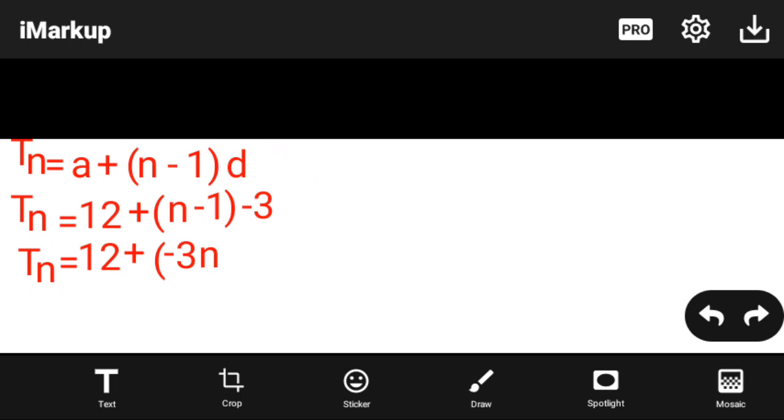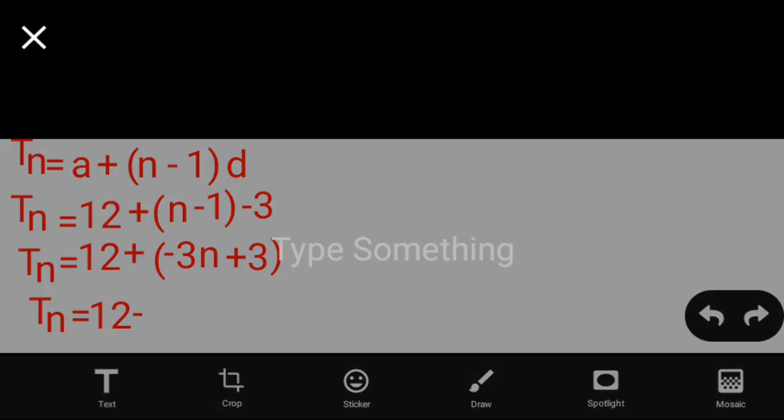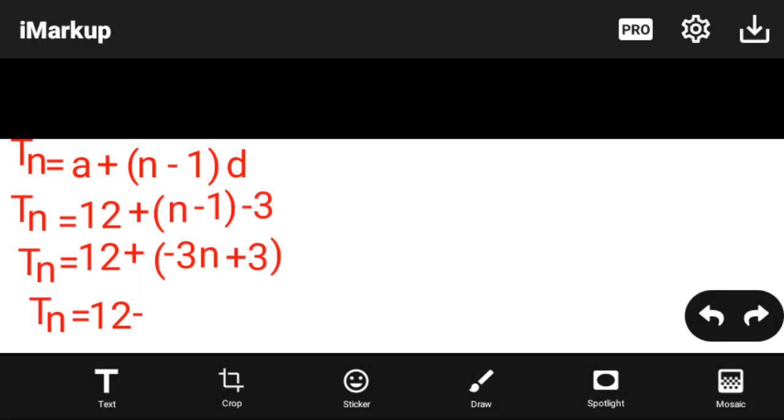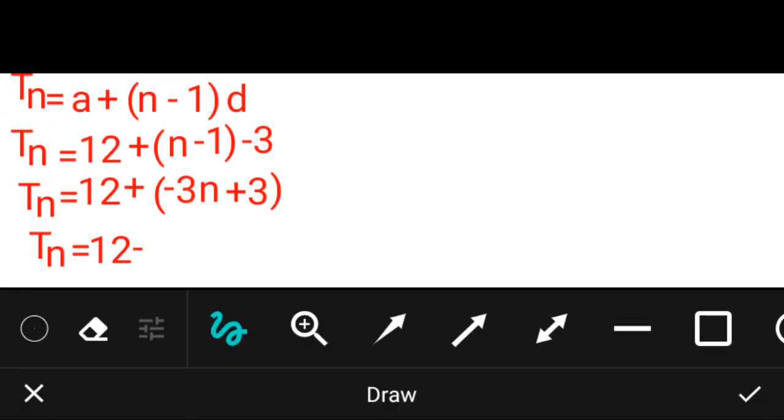So you're going to have positive 3. Okay. Then from there we can say again Tn is equal to 12, then minus, because the positive outside the brackets will multiply the negative there.